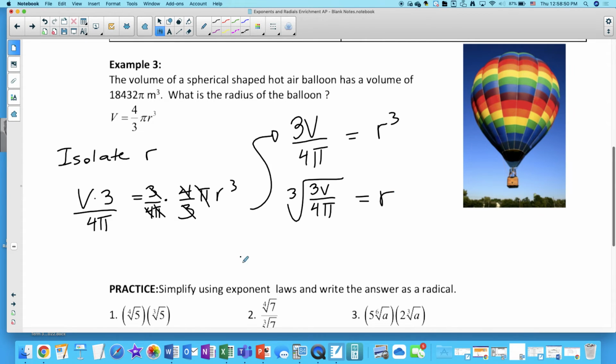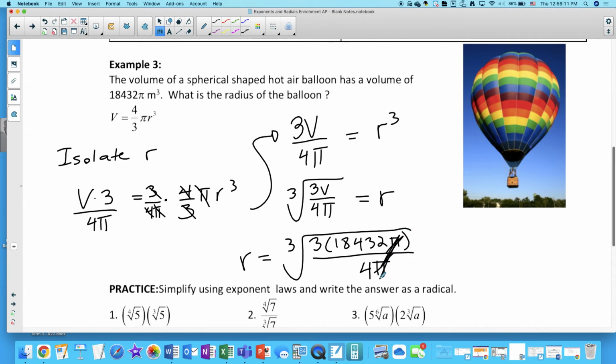Three times 18,432 pi over 4 pi, rather, right? Now the pi's cancel, that's nice, because otherwise we'd have an irrational number. So pi over pi equals 1. And then this piece I could evaluate on my calculator.